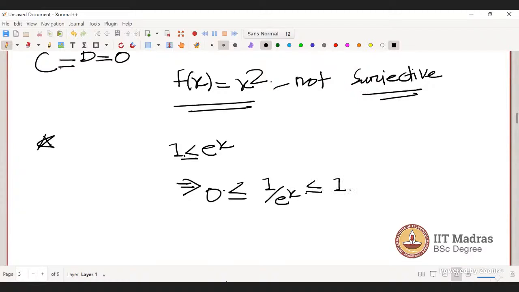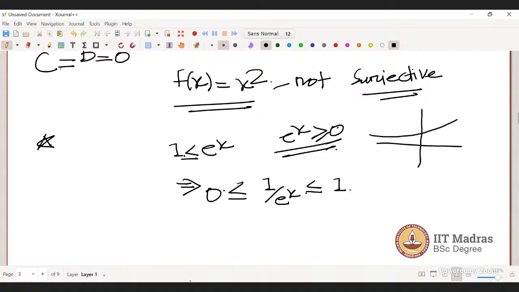Greater than or equal to 0, because e power x is always greater than or equal to 0. If you draw the graph, it always lies above the x-axis.